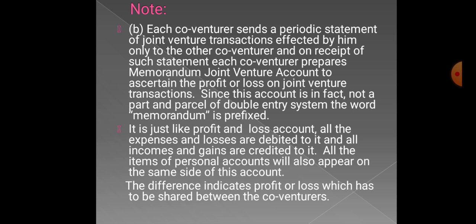So the difference indicates the profit or loss which has to be shared between the co-venturers. So this memorandum shows the profit or loss at the end. So this is all about the methods of recording the transactions in joint venture.